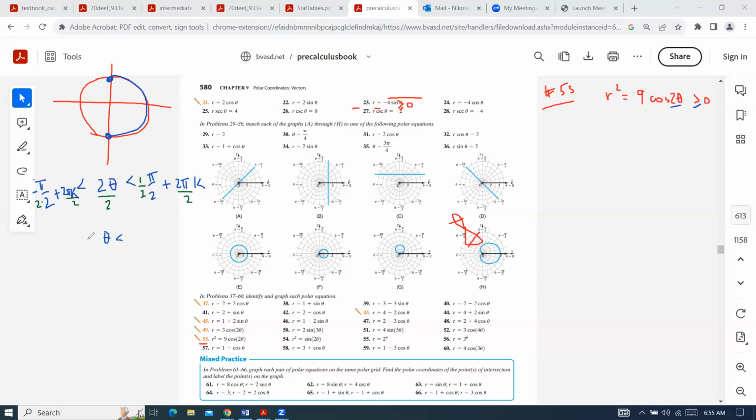And we can see now that theta is in between negative pi over 4 plus pi k and positive pi over 4, again, plus pi k. So how can I see this on the, oops, I'm trying to make a picture of a circle. That's definitely far away from being a circle.